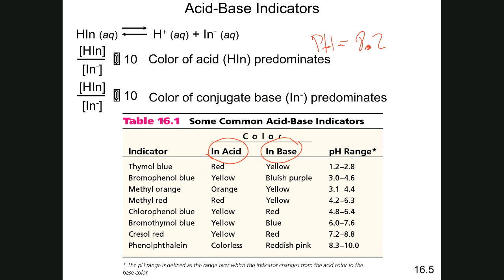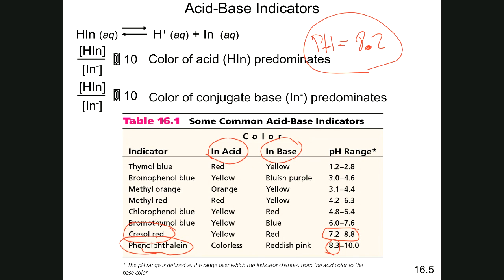The proper indicator that shows color change within the narrow range of pH of 8.2 for previous problem is going to be either phenolphthalein. So you can use phenolphthalein because as soon as the pH changes to 8.3, it's going to change color. You can use the cresol red because in this range you will see the color change, and 8.2 is part of it.